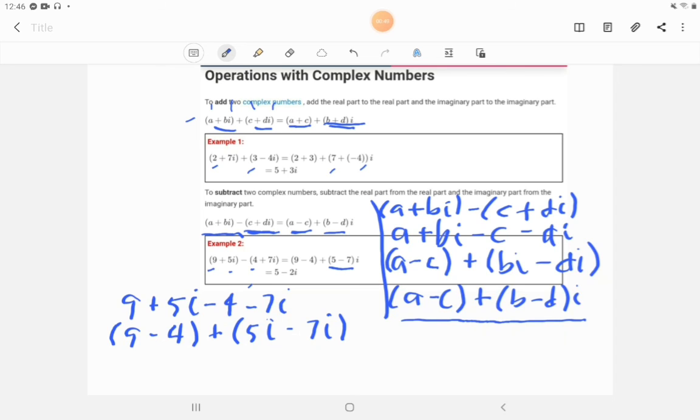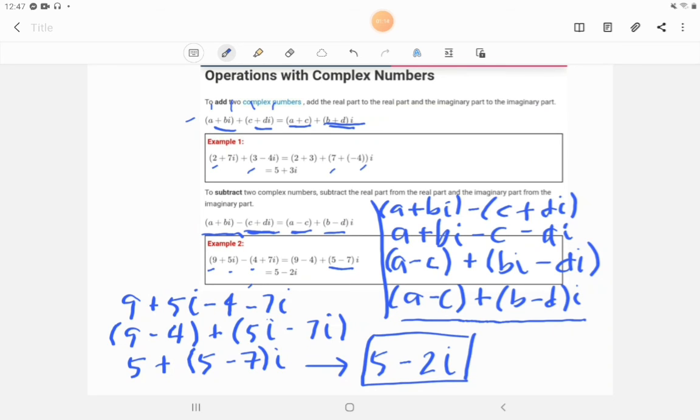Okay, so we have 9 minus 4 is 5, plus 5 minus 7, factoring out i. And then we have 5 minus 2i. So this is the answer.